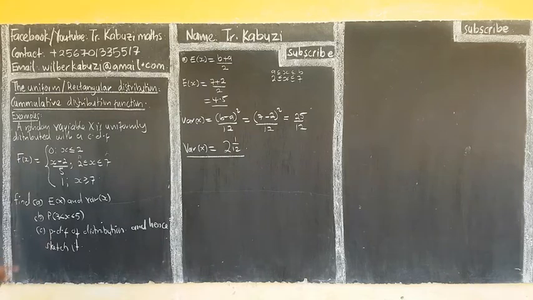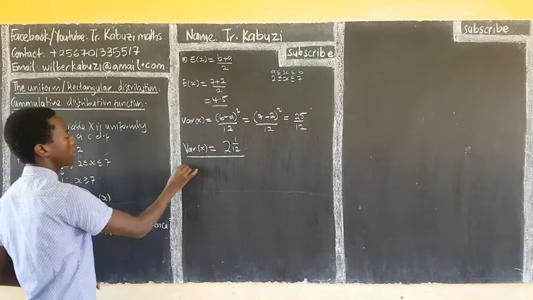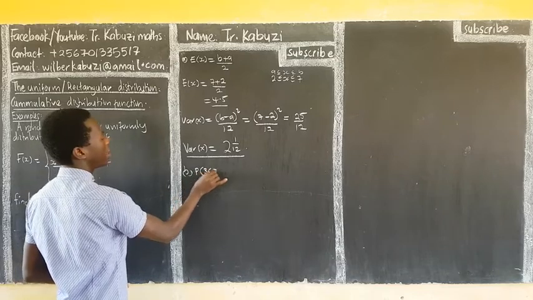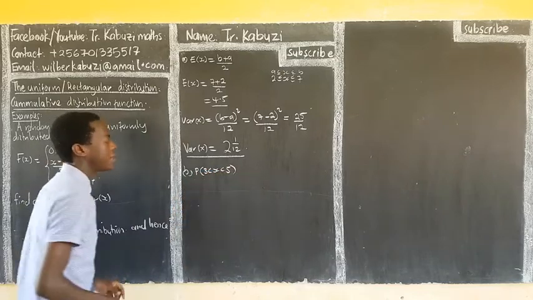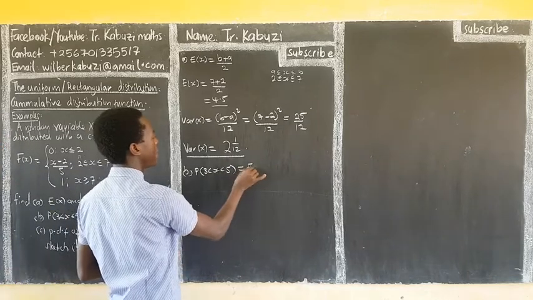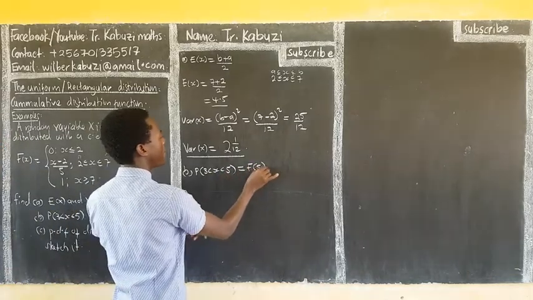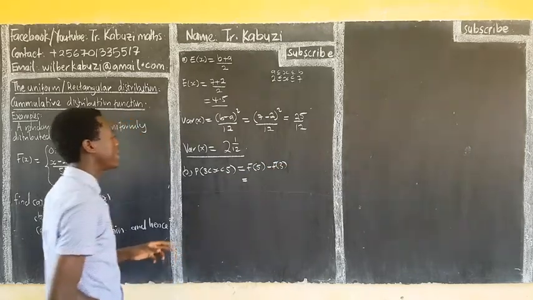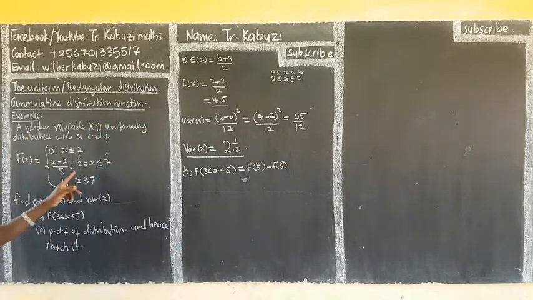And now getting the probability of this. So our part B, we said if they give you the probability of X between 3 and 5, and you have the CDF, this is as simple as getting F of 5 minus F of 3. Now you see 3 and 5, all of them are in this range, so you're using this CDF.